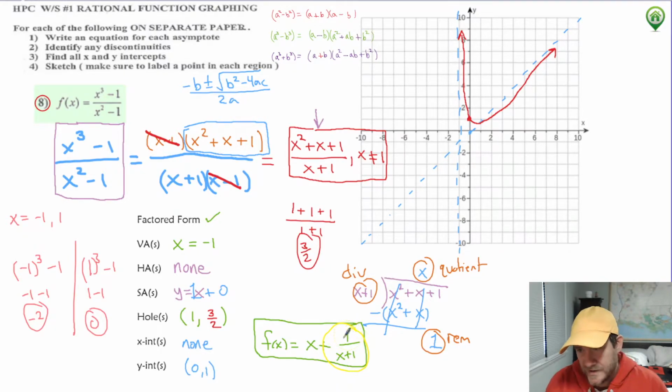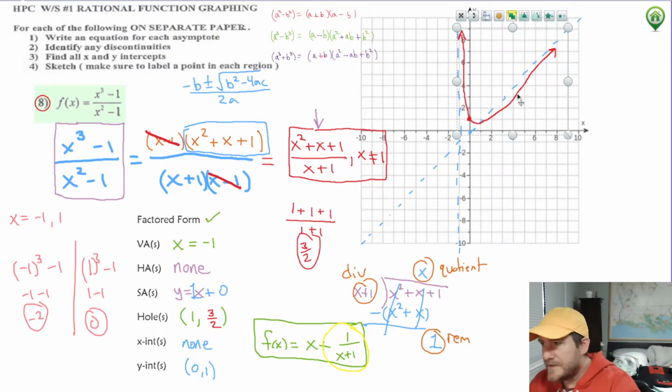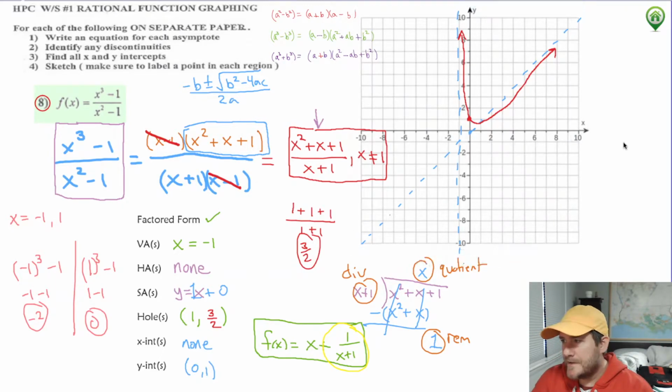There's no x there, it's just a constant function. So I know that this term never equals 0, and that allows me to rest assured that we never cross the slant asymptote, which means that this kind of scary situation of having a graph that actually crosses its end behavior asymptote and comes up from below can't happen. And that also does guarantee that I do not have an x-intercept.